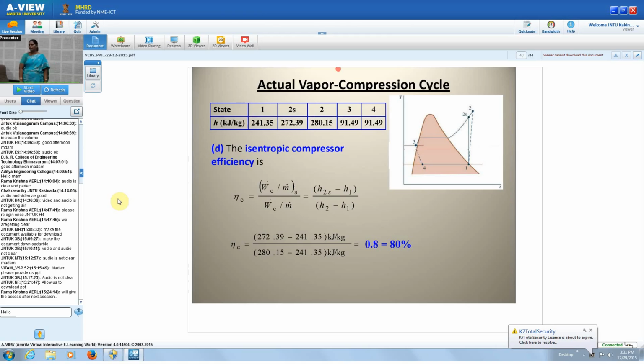That is 80%. So the problems on the vapor compression cycle will be on wet compression or dry compression. Or maybe at the suction of the compressor it is in superheated condition, or maybe subcooling also. With all this, a number of problems can be done.